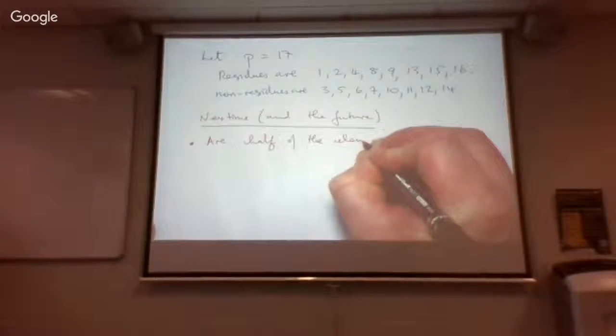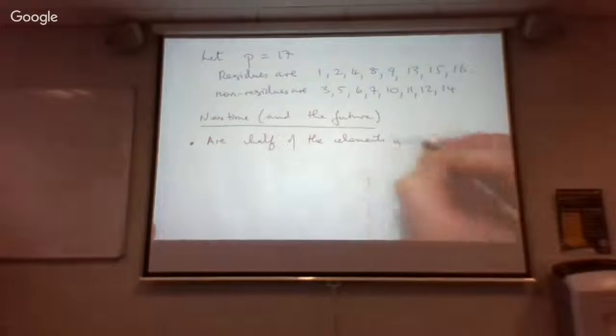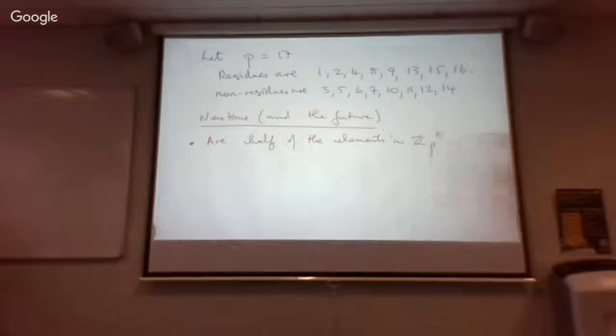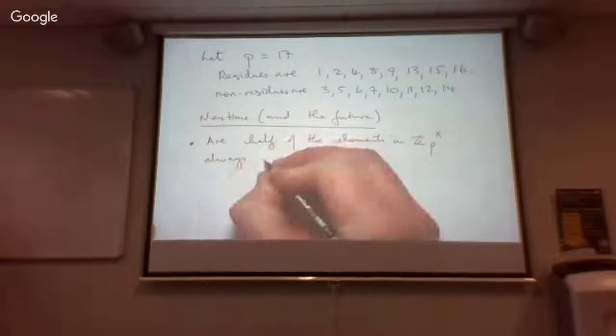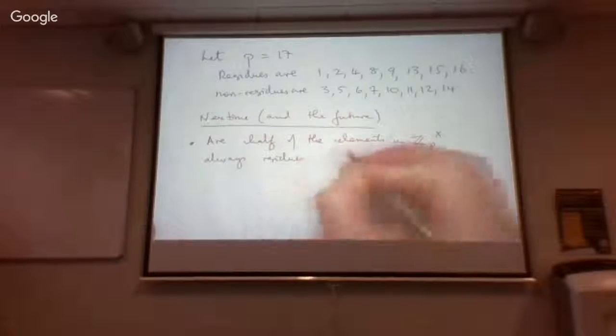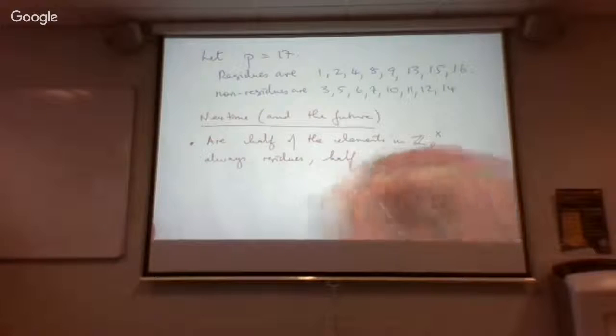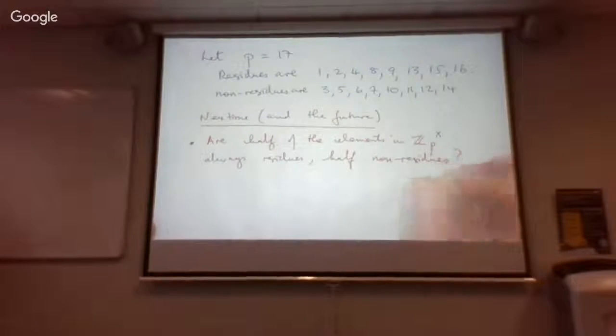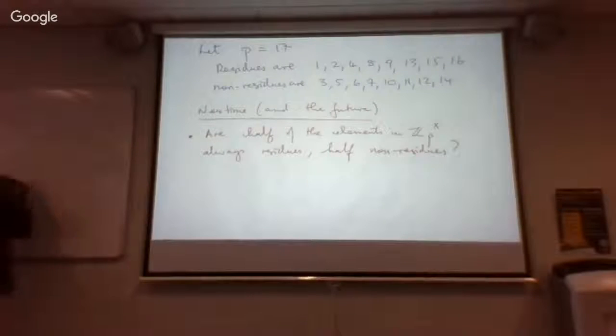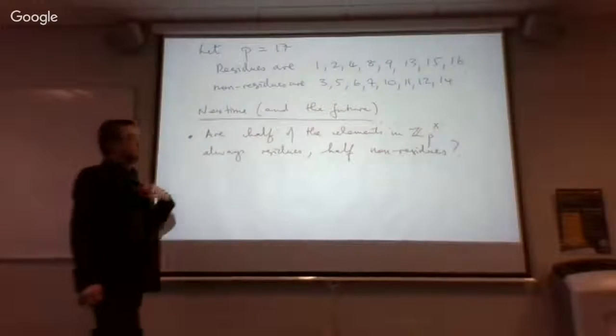Are half of the elements in Z_p, the multiplicative group, always residues, and half non-residues? Okay, that's going to be one of the first general results we prove.